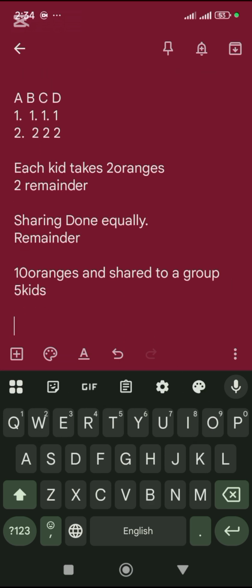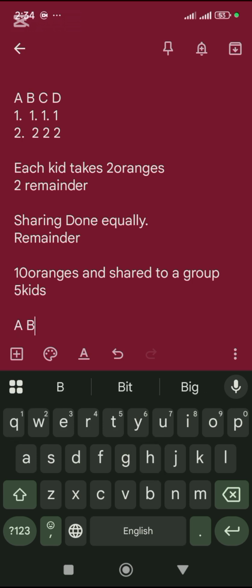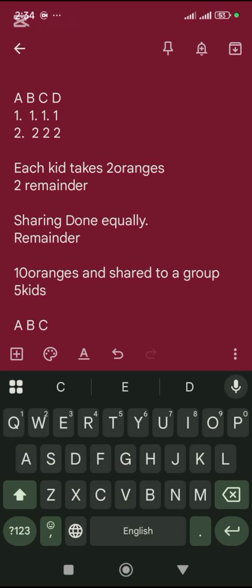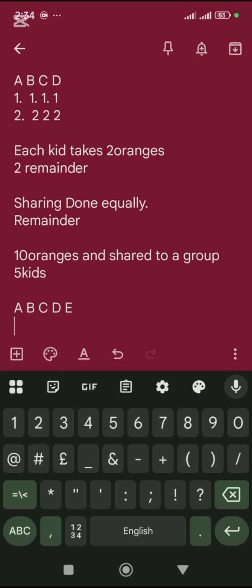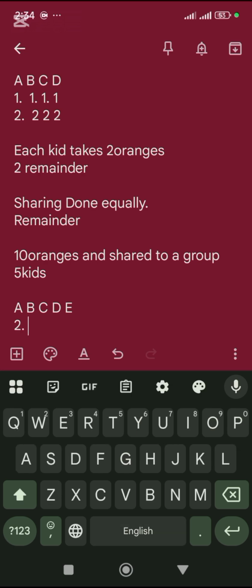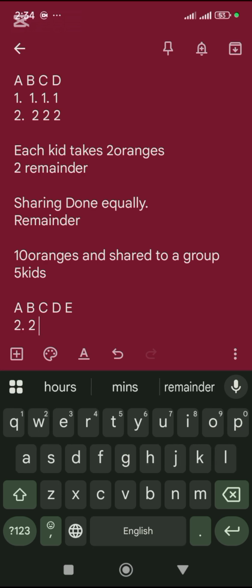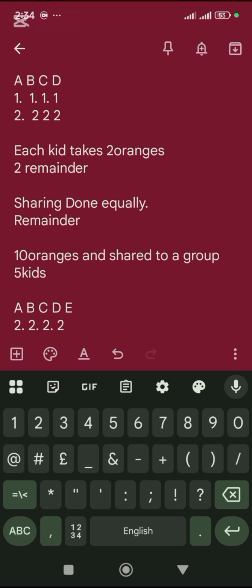So you now have group A, B, C, D, E. The first group takes 2, the next takes 2, the third takes 2, the fourth takes another 2, the fifth takes another 2. You see that everybody gets their oranges.